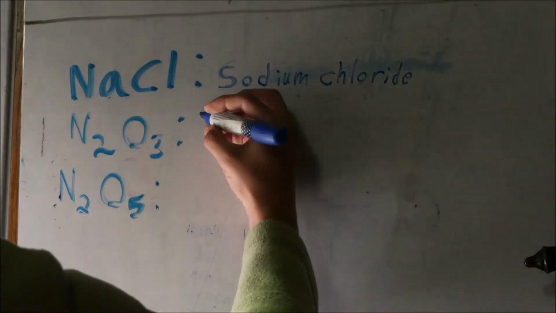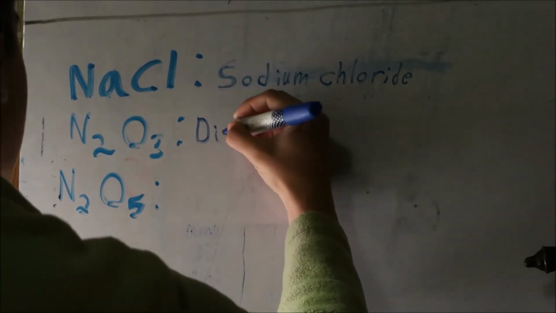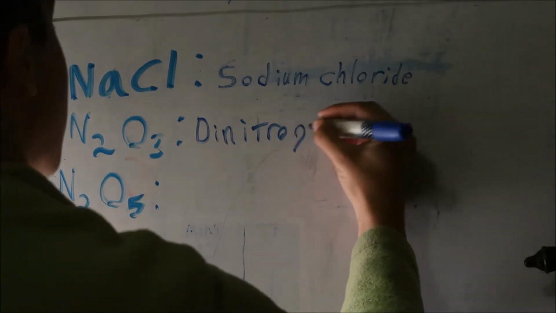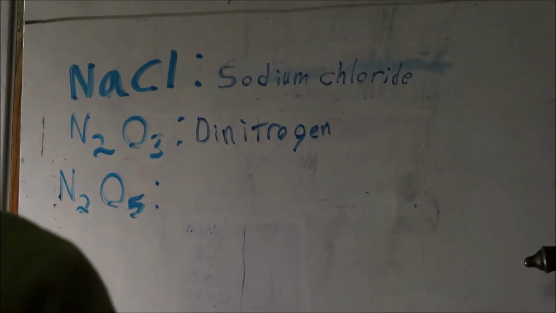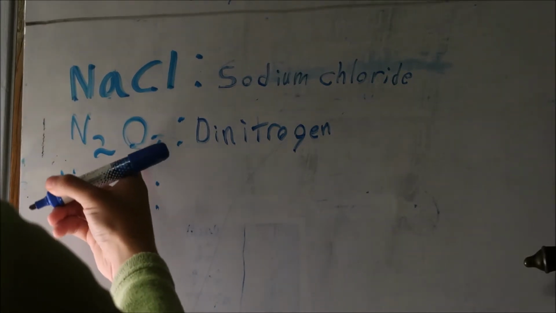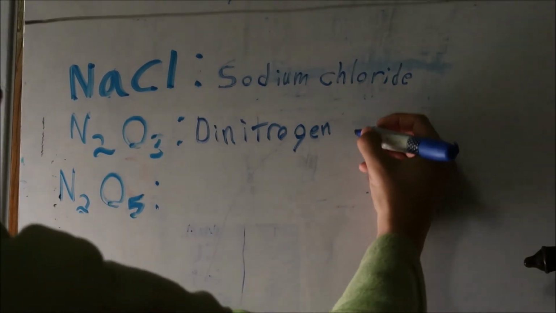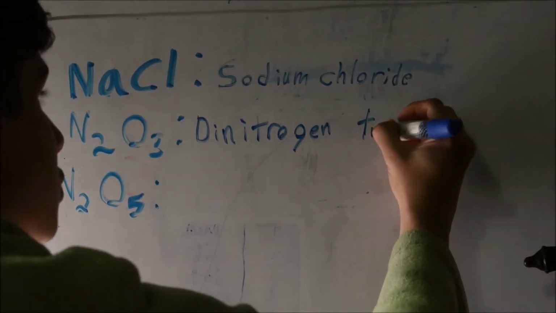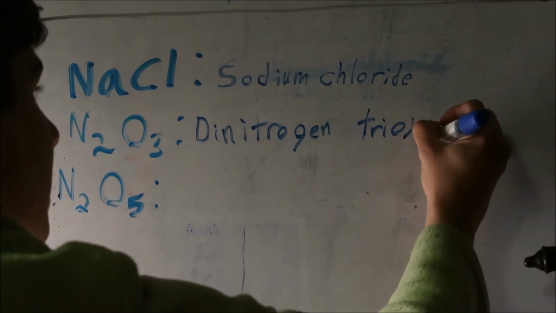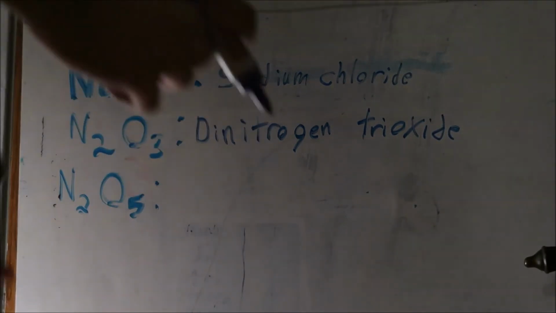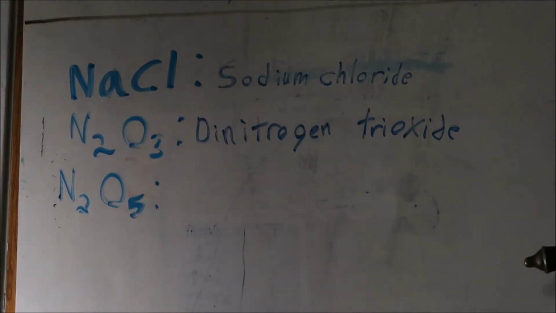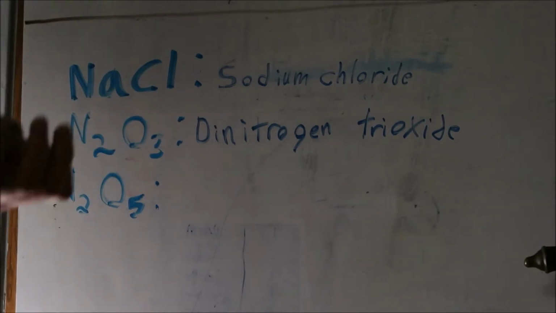So this is dinitrogen, because you keep the first element as its full name, and this is 3, so again you use a prefix, trioxide, and you finish with an IDE. For oxygen, its root is OX, ox. So you do trioxide. Pretty self-explanatory. It's whatever sounds best. Usually it comes naturally.